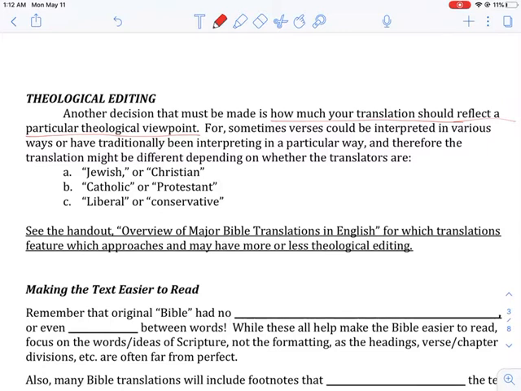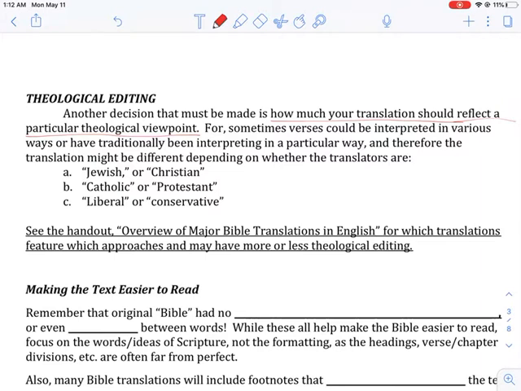The same thing can happen with liberal and conservative scholars and churches and Bibles, and so some Bibles are more wanting to change the way that the Bible's been read, while others will want to stick with more traditional ways of understanding the Bible.